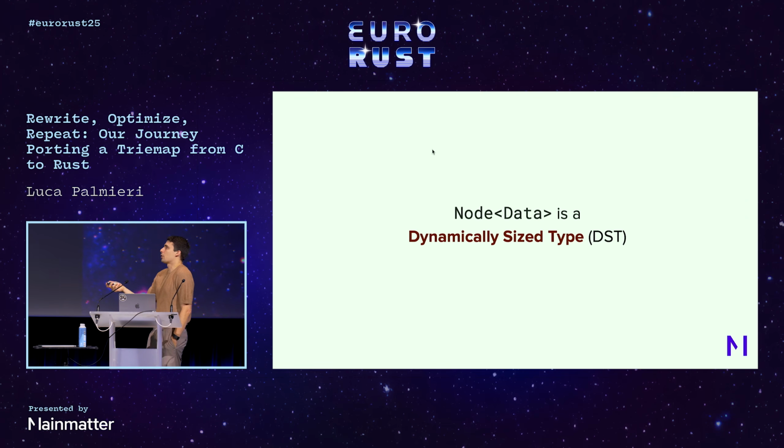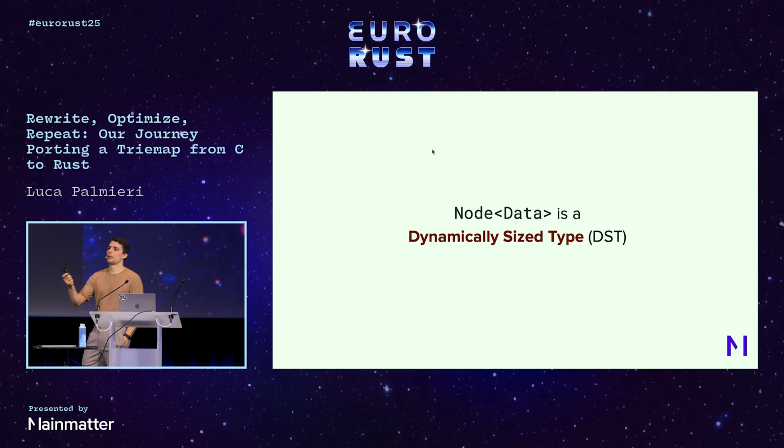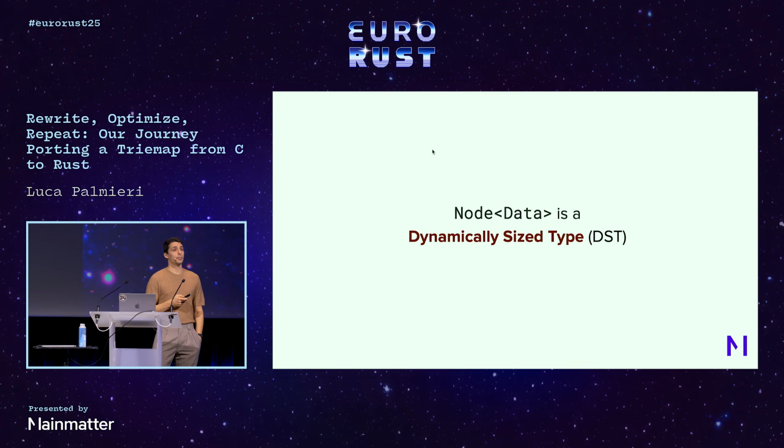What's the challenge? Why can't you do this in safe Rust? NodeData is, in Rust lingo, a dynamically sized type, often abbreviated to DST, if you like acronyms. You've been using DSTs every single day if you've been doing Rust. You've been using slices. Slices are DSTs. Trait objects are DSTs as well. The challenge here is that we need to define our custom DST.